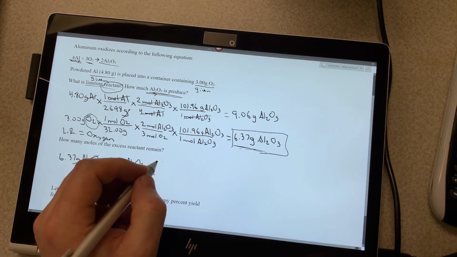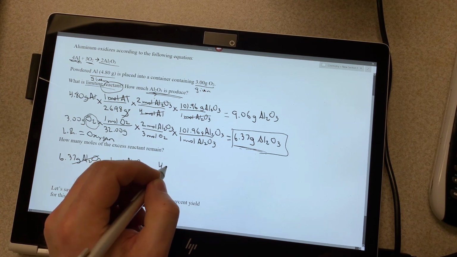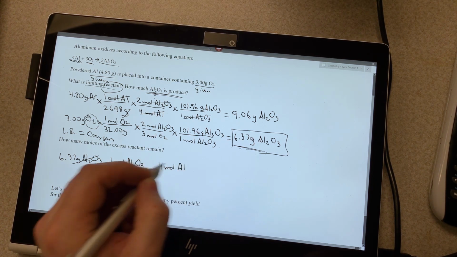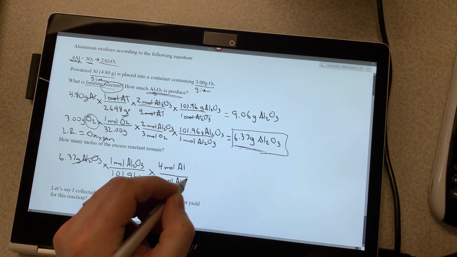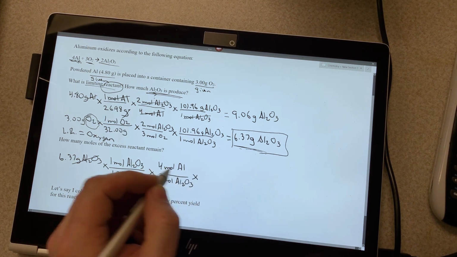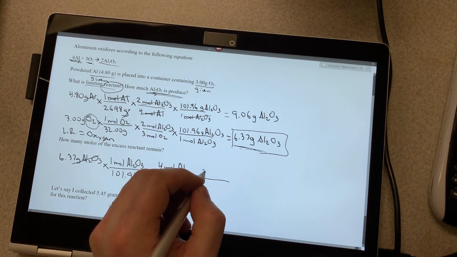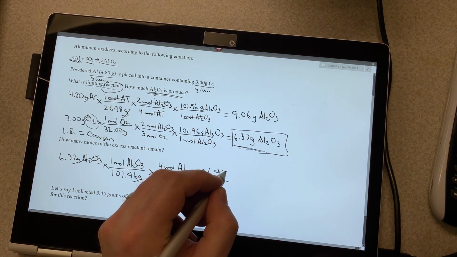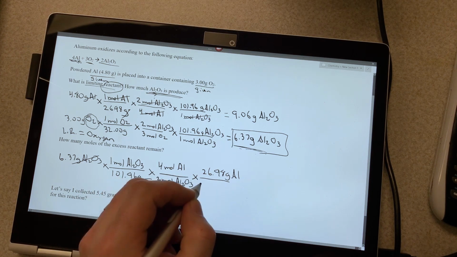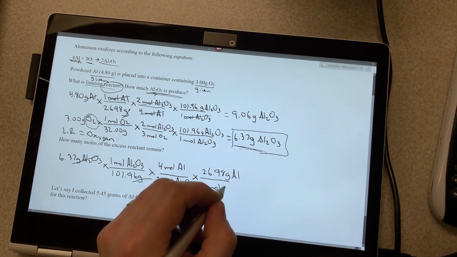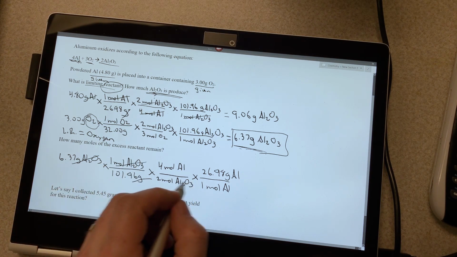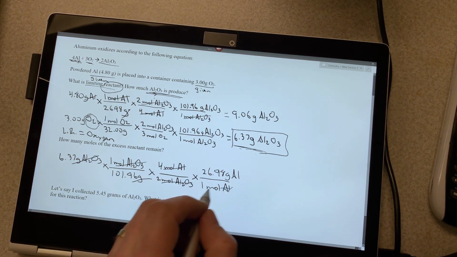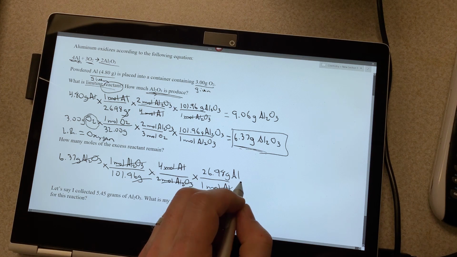I have a mole ratio of 4 moles of aluminum for every 2 moles of Al2O3. And I have to convert that back to grams. It's 26.98 grams of aluminum for every 1 mole of aluminum right off the periodic table. So again, I can check myself by seeing that the same units cancel off top to bottom as I move left to right.